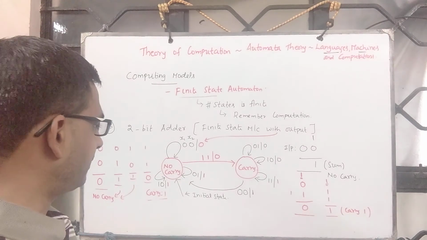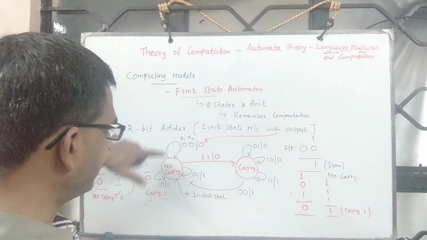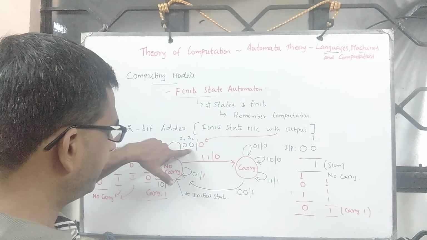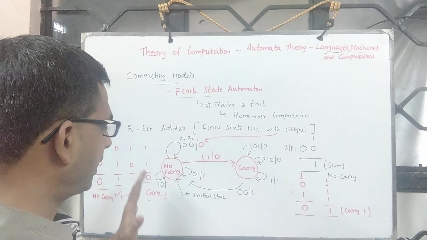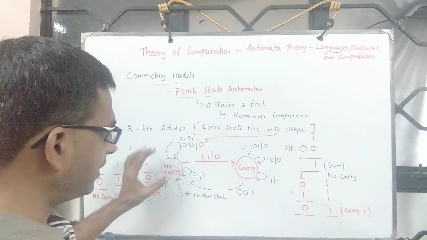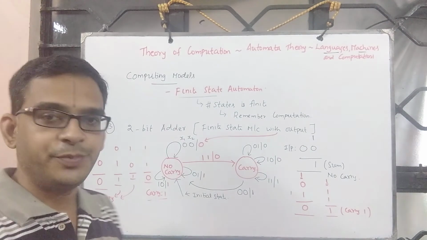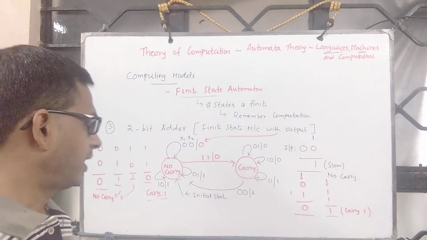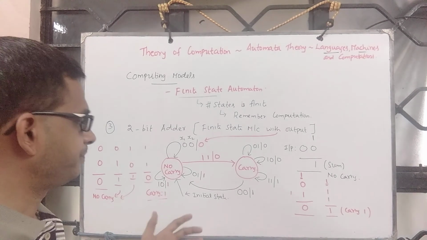So here is an example of a finite state machine which describes both the input part as well as the output part, and the states remember information. This says when I am here, some computation has happened so far and there is no carry until this point in time.